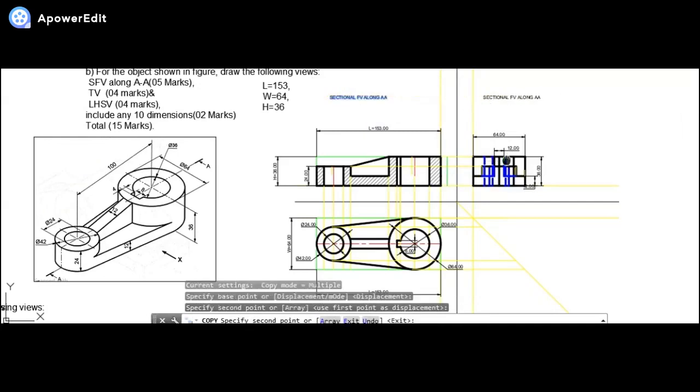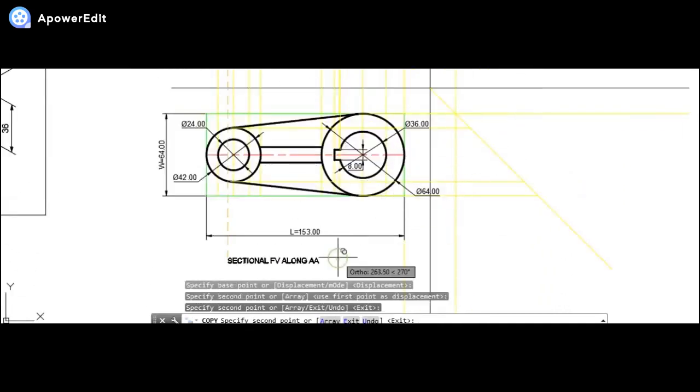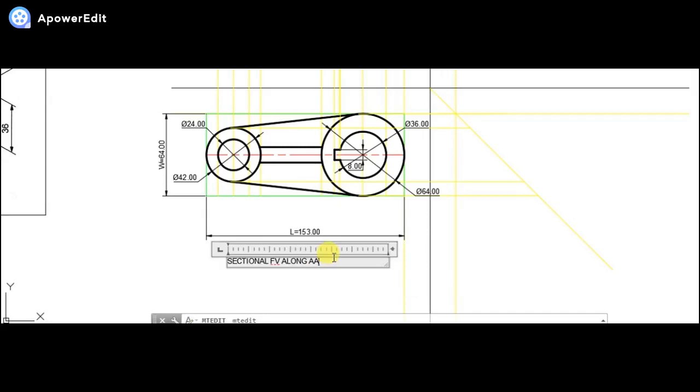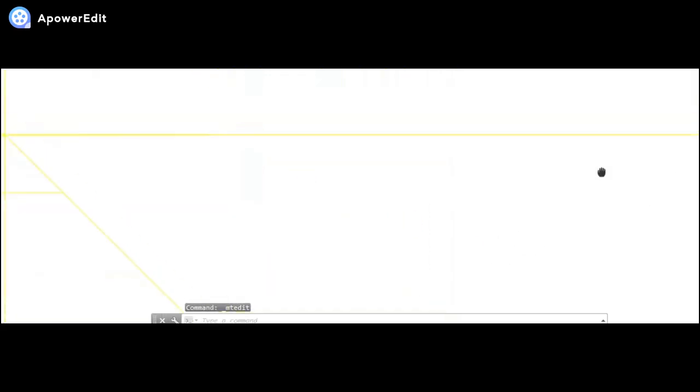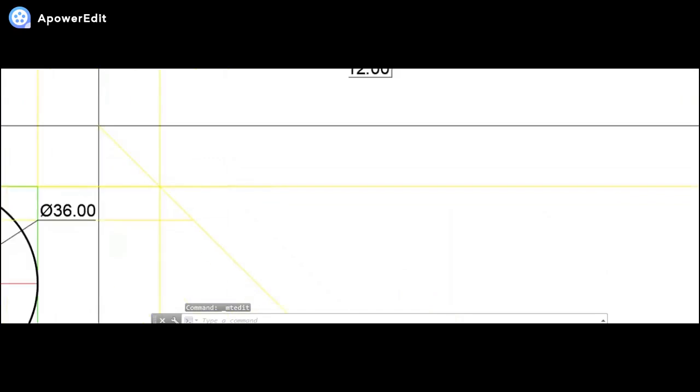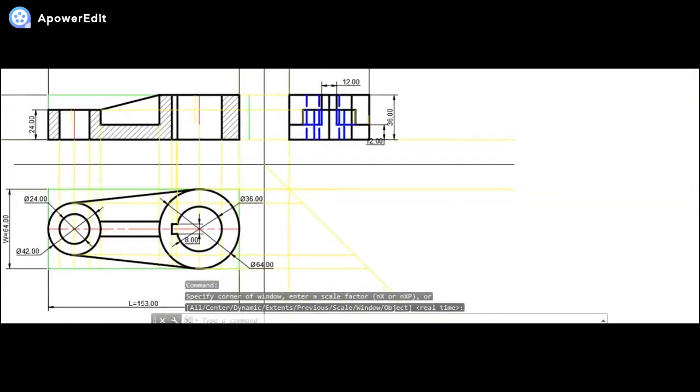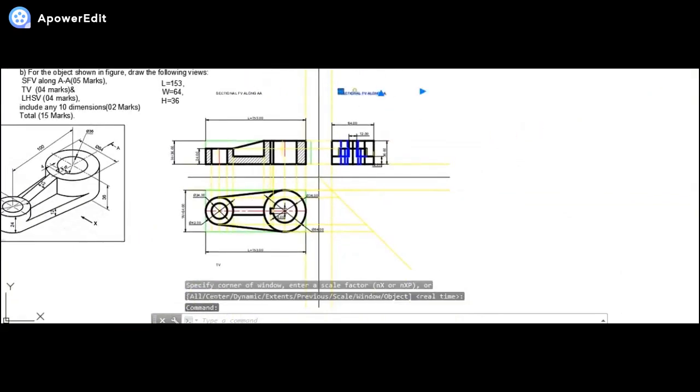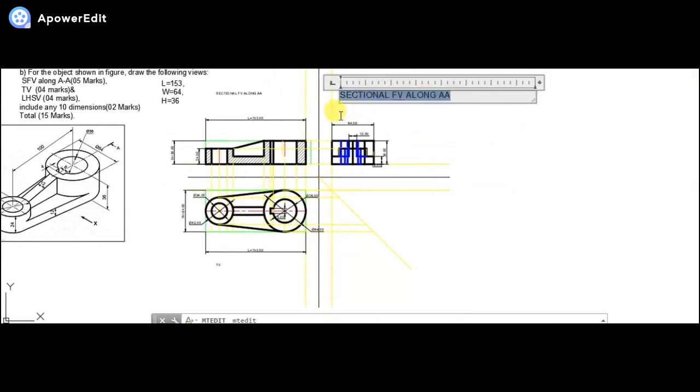This will be LHS view, and this will be the top view. This is nothing but the LHS view.